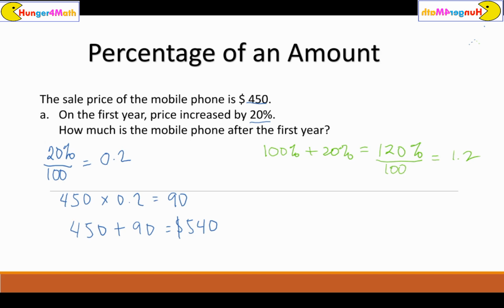Afterwards, we're going to multiply 1.2 by the amount. So that will be 450 multiplied by 1.2 is equivalent to 540. So on our second method, by adding it by 100%, we will already get the final answer, which is increased by the first amount, and that is $540.